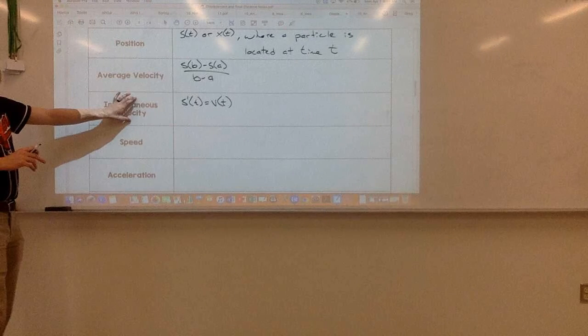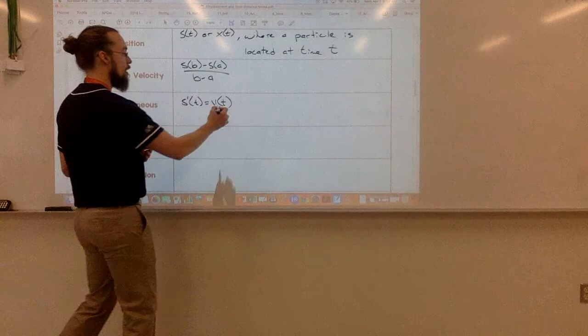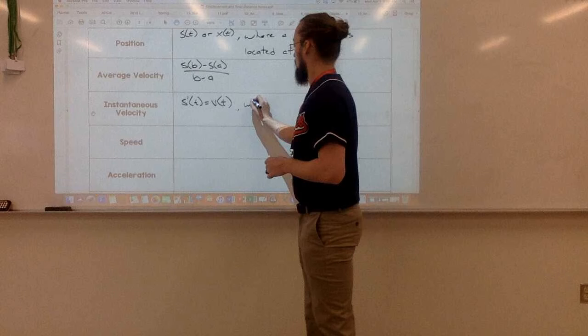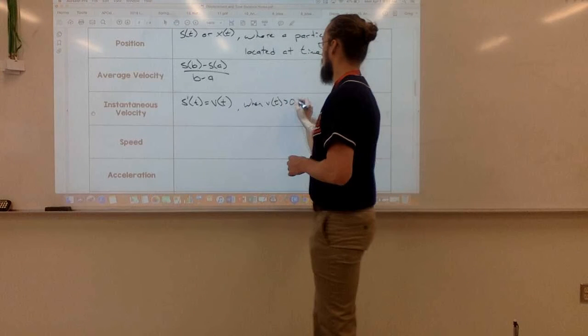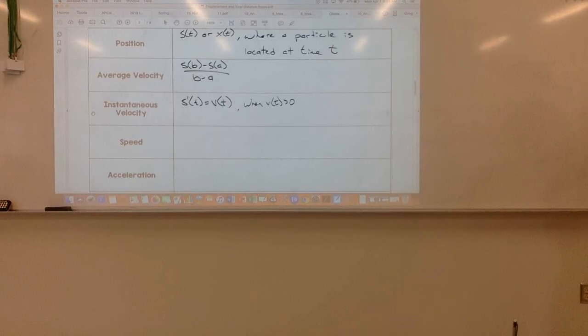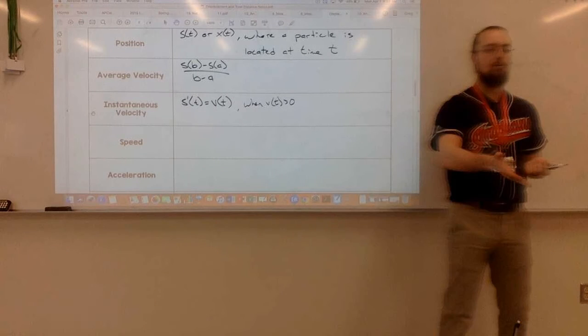Actually, I did want to mention one other thing with instantaneous velocity. When our velocity is positive, what's the particle doing? Going to the right, moving forward. We either think about it as forward or to the right.